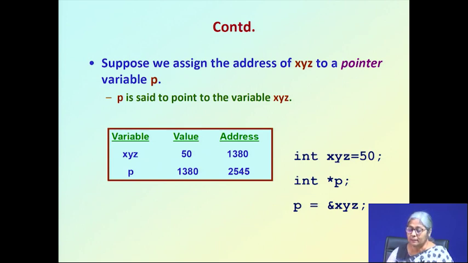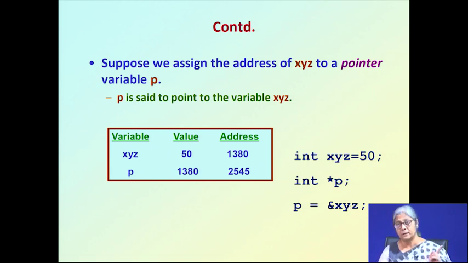How do we declare this? int xyz equal to 50, we know this declares an integer. Now I define int star p, a pointer. This is only a pointer I define. Unless we give p equal to ampersand xyz, there is no relation between p and xyz.